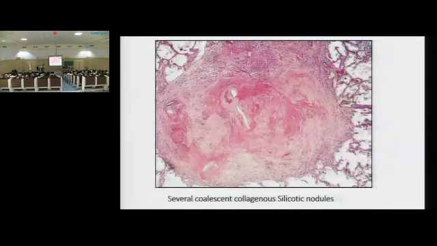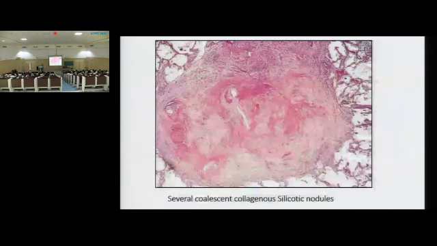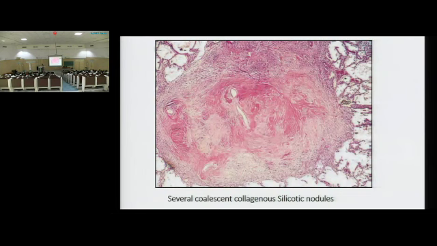This is the diagrammatic picture, and this is the real picture. This is an H&E section from a silicotic nodule. You can appreciate central areas of collagenization surrounded by an ill-defined, mild chronic inflammatory cell infiltrate.